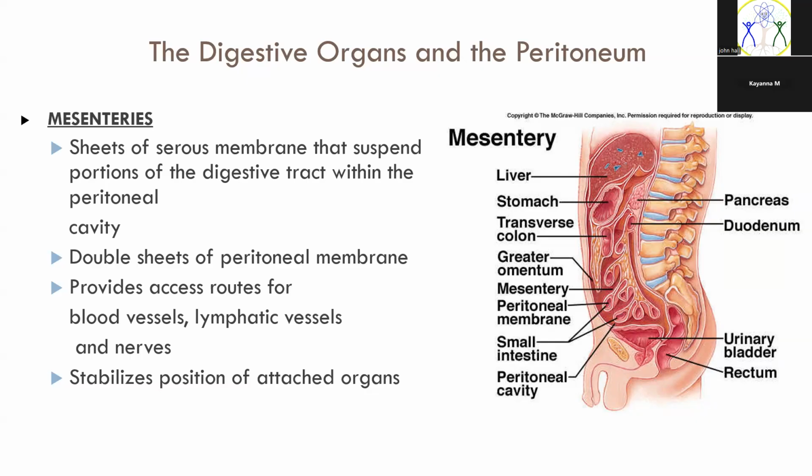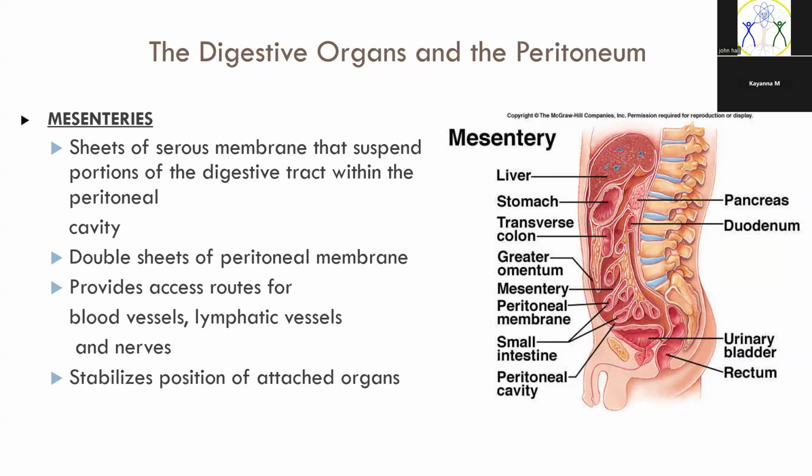What I'm saying is that the mesenteries, which are basically wrapped around the different sections of your intestines, and the digestive tract in general, will attach the tract to your body wall normally, right?